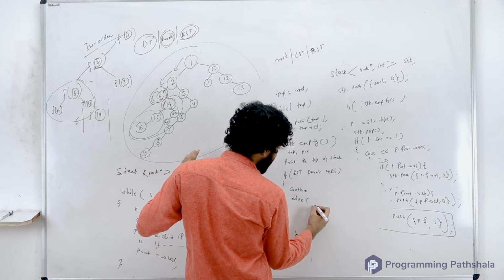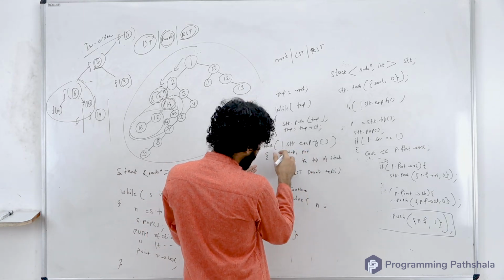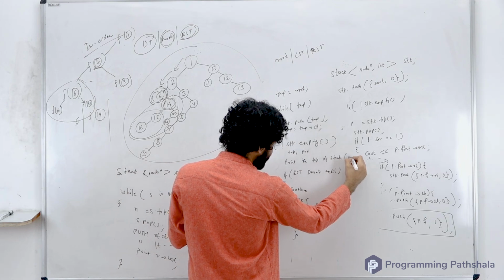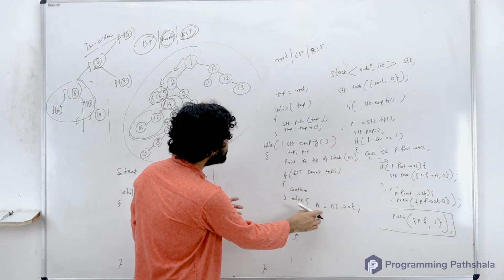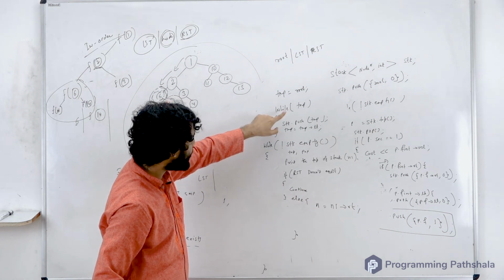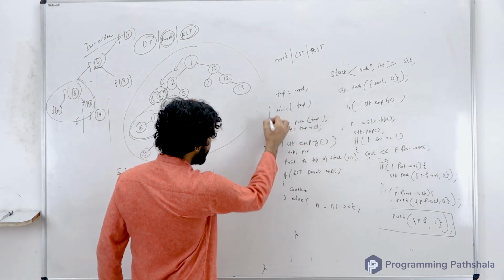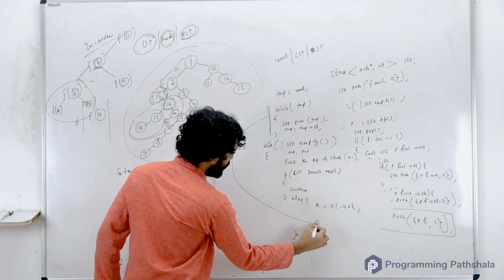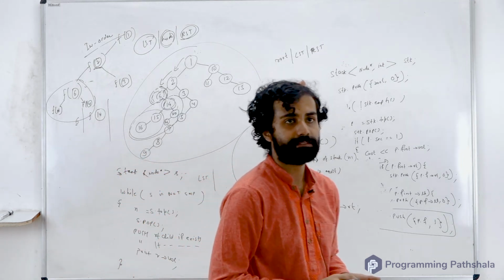To do that, you will take a node n, which will be whatsoever was your top pointer. Let's say that was n1. If that was n1, you will do n1 right, and then with this n you will write the same code. So while n is not null, stack dot push this, and then keep changing them. So this entire thing will be written here for this n. And then again this will go on, and this is how your job would get done.